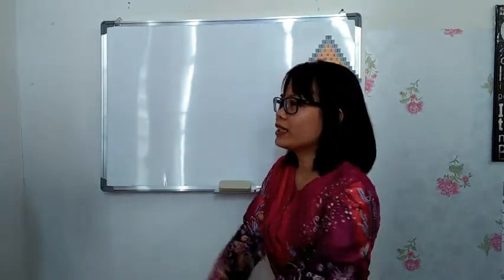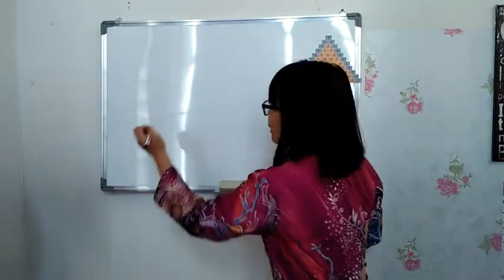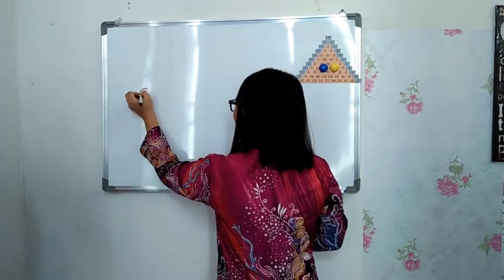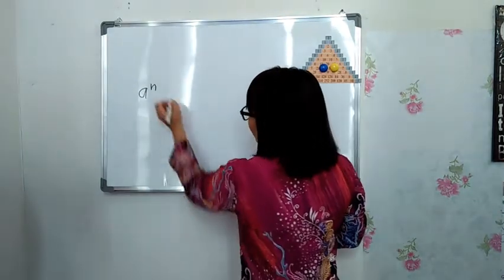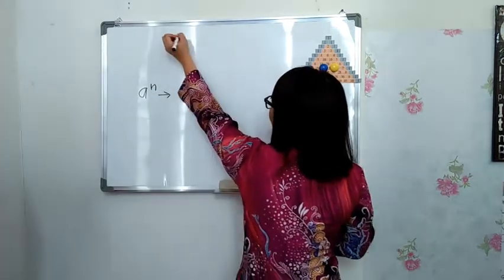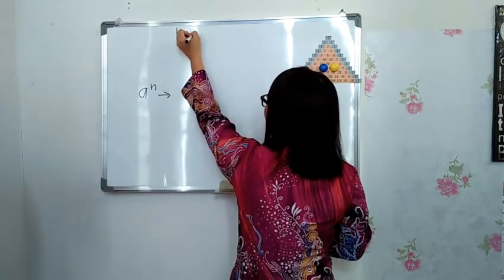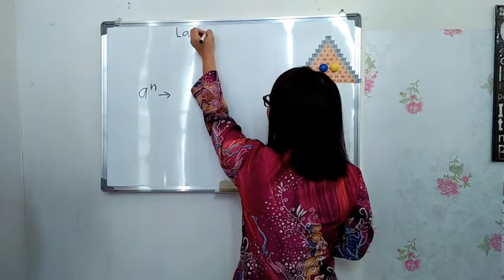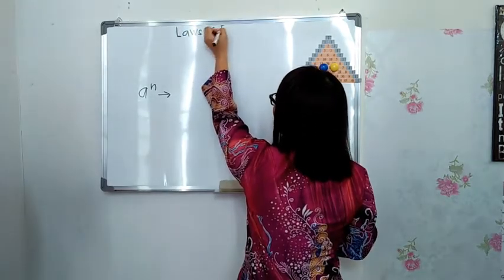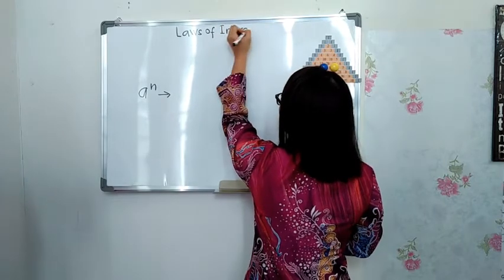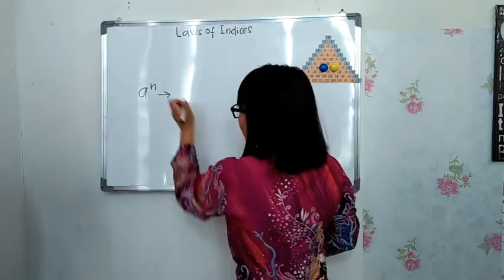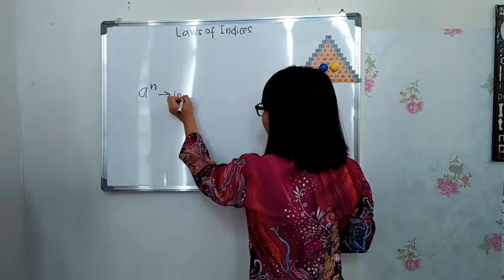Before anything, you should know what is index notation. A to the power of n is index notation, or index form.